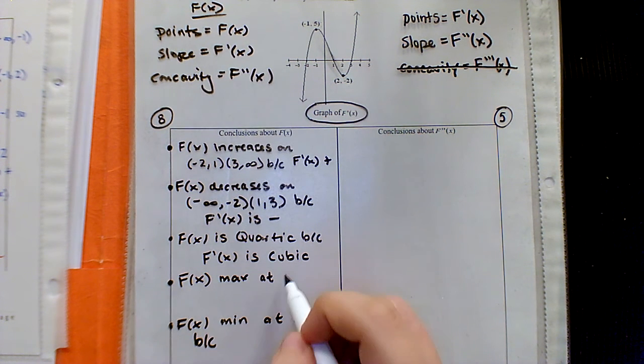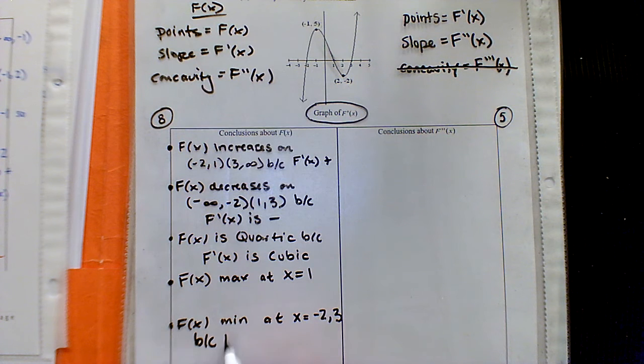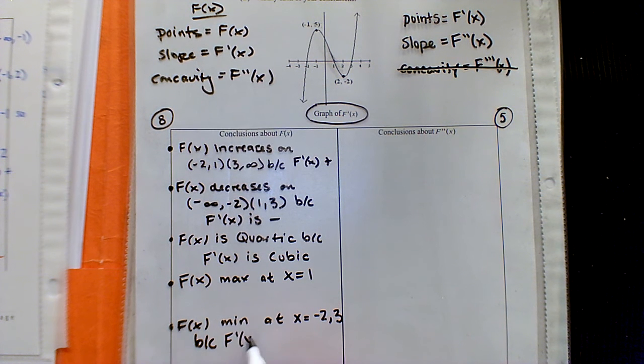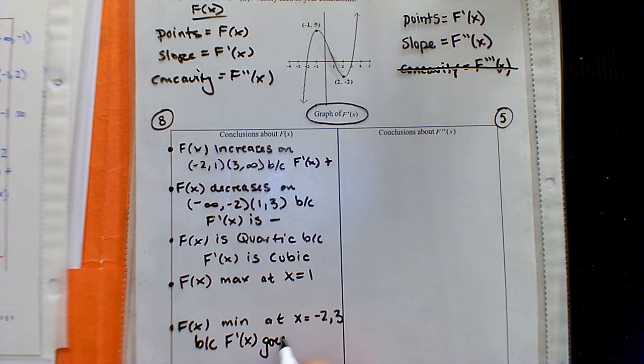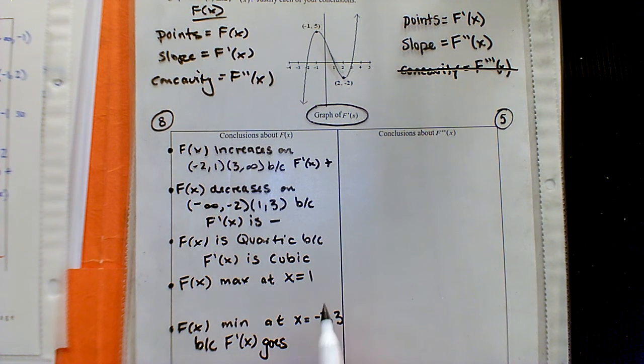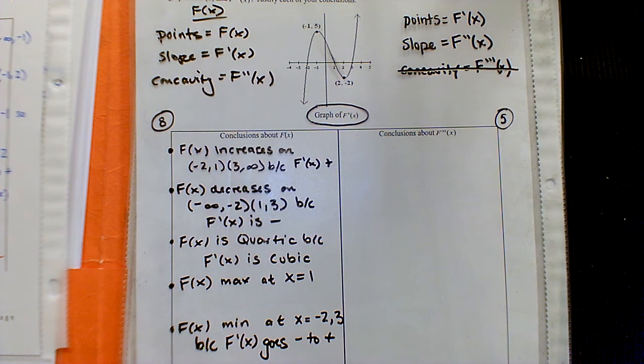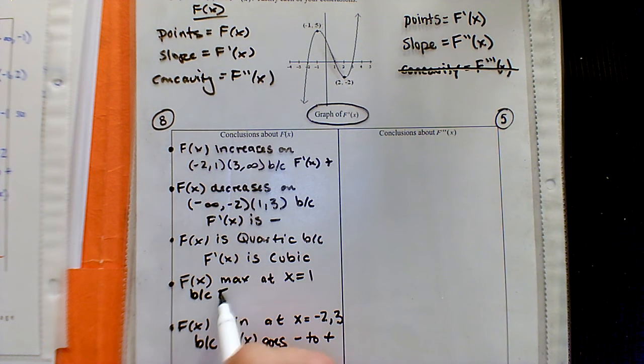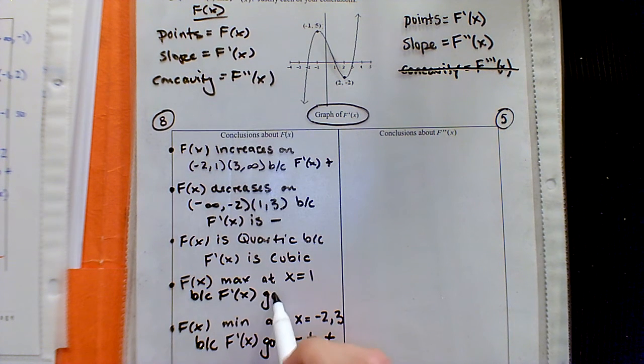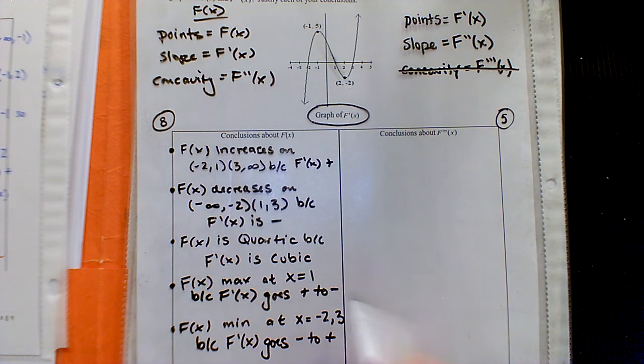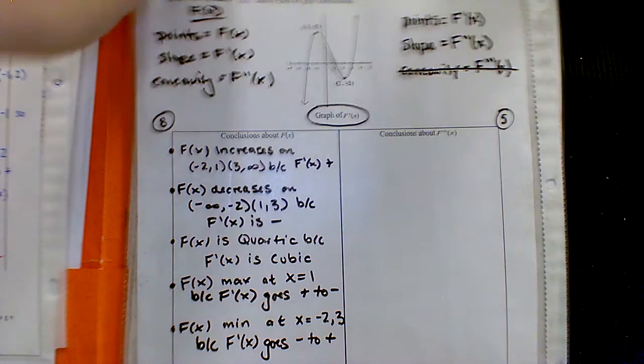And at 1, you have a max because the slope goes from positive to negative. So for a minimum, f prime goes negative to positive, so f of x is changing from decreasing to increasing, creating that minimum. And for x equals 1, f prime changes from positive to negative. All right, we got 3 more.